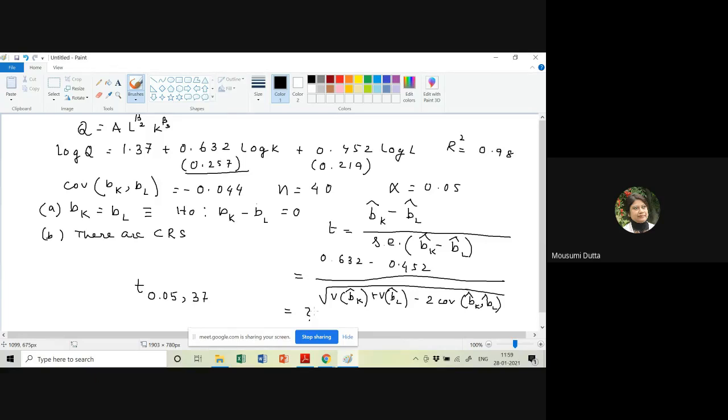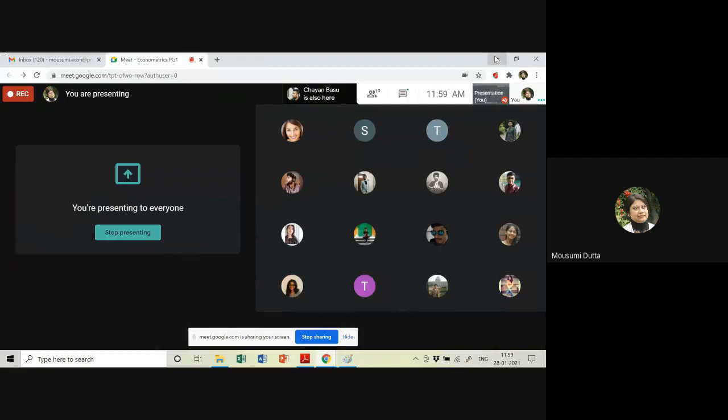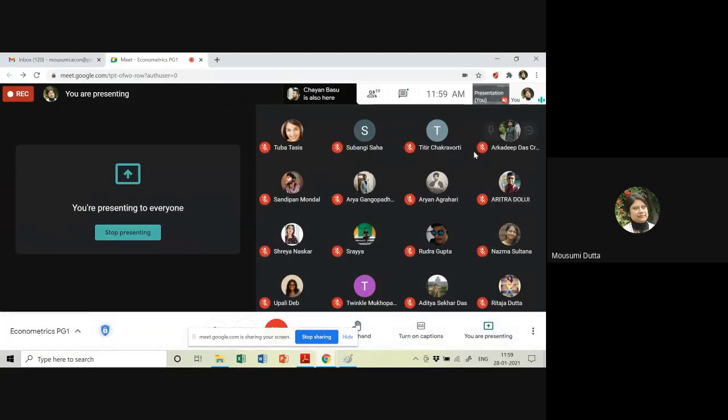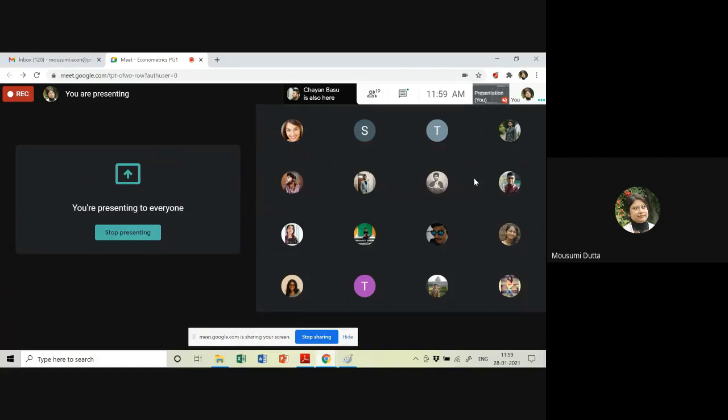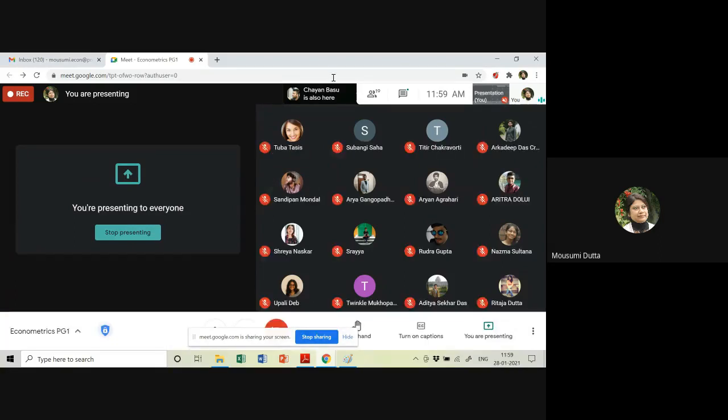Now, what about the B part? How will we test for CRS, or what will we do if I need to test for CRS? Any idea? BK plus BL equals 1. Okay, so he is saying BK plus BL is equal to 1. Is it right, or do we need to change the hypothesis a bit?